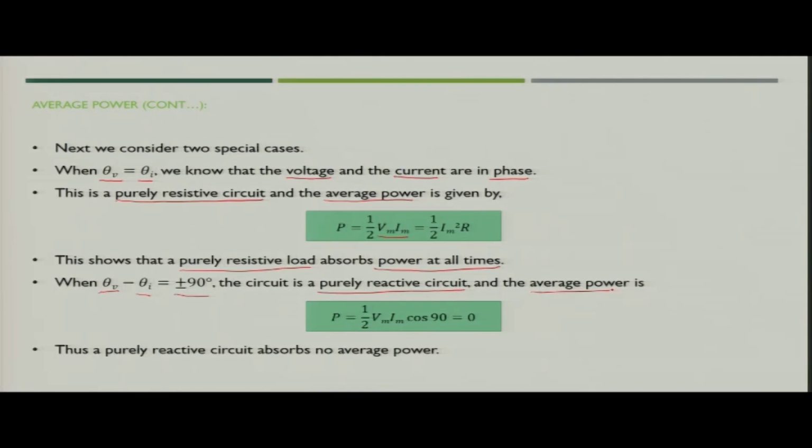In that case, average power P would be 1 by 2 Vm Im cos 90, and cos 90 is 0. So average power will be 0, which means a purely reactive circuit will not absorb any average power. These are the two important boundary conditions for average power: one for purely resistive and the second for purely reactive.